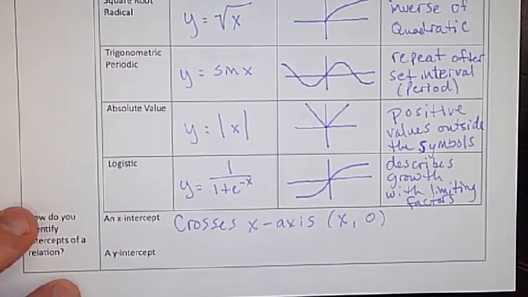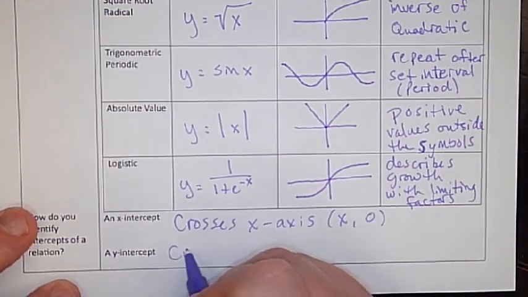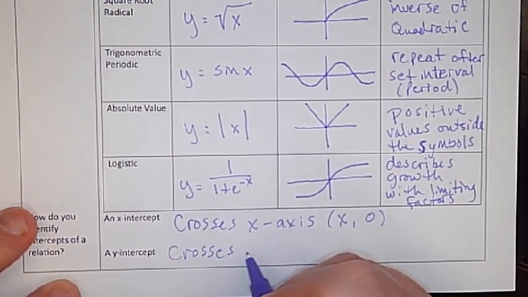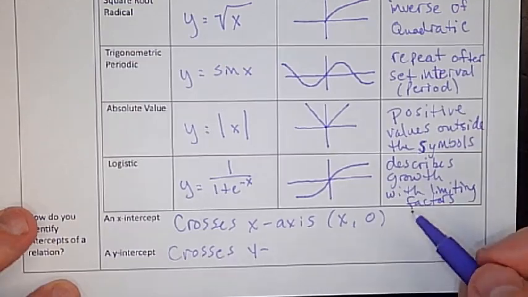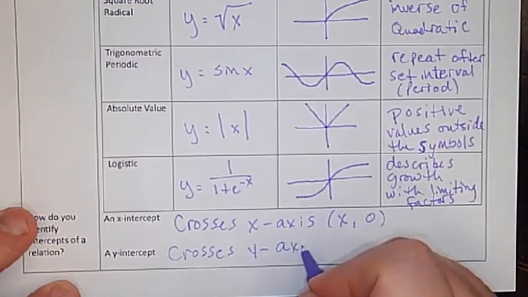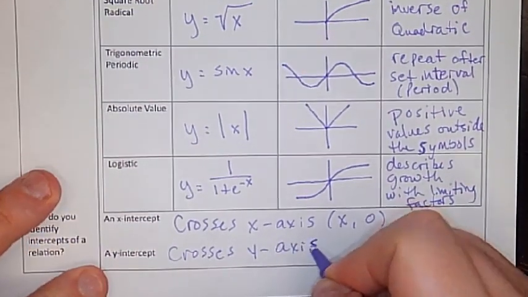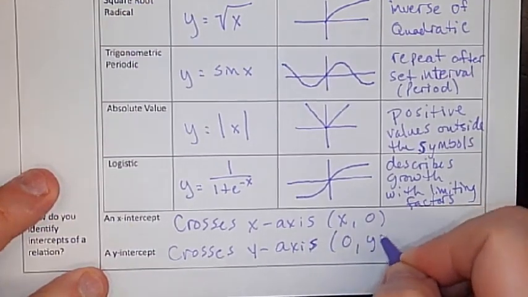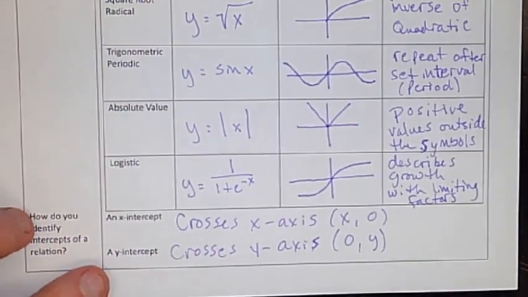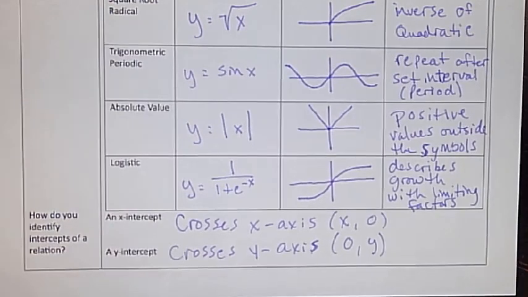The y-intercept, likewise, identifies where a function crosses the y-axis and is written as the point 0 comma y, where y is the value on the y-axis where the function crosses.